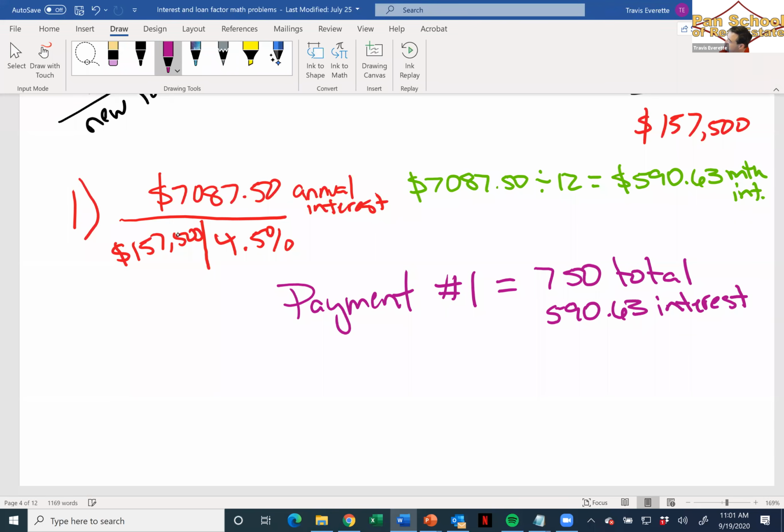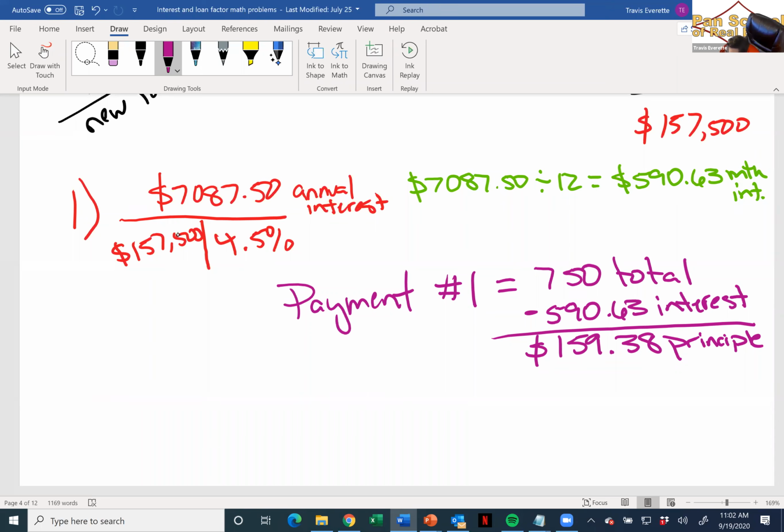If I have those two numbers, can I figure out what the principal is in that payment number 1? Does that make sense for everybody? Yes, you would subtract. I can subtract. That's exactly right. So I can take that away from the $750 total payment, and that gives me $159.38 in principal for payment number 1.